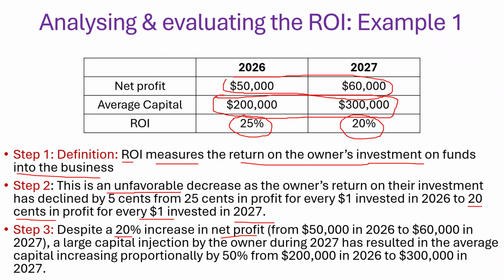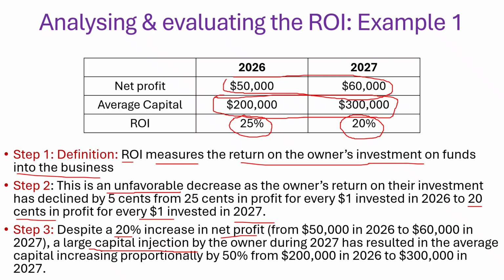So we've gone from 200,000 to 300,000. That's a 50,000 increase. Why? Well, there's only one possible explanation. The owner's made a large capital injection. Maybe they've purchased an NCA and they didn't want to go into debt. So therefore, the owner has had some capital. They've injected it in order to expand the business.